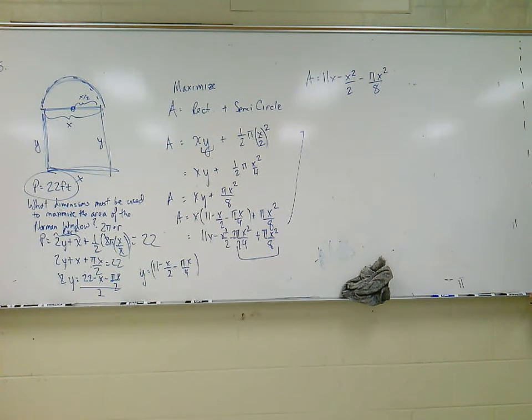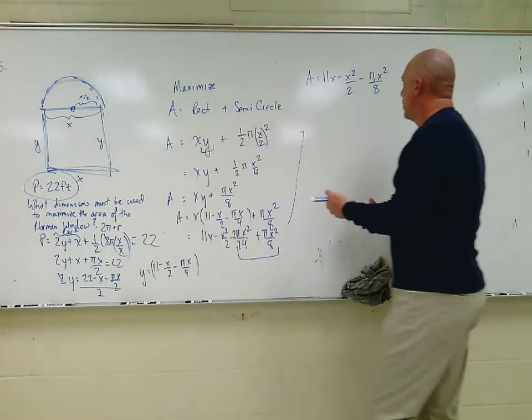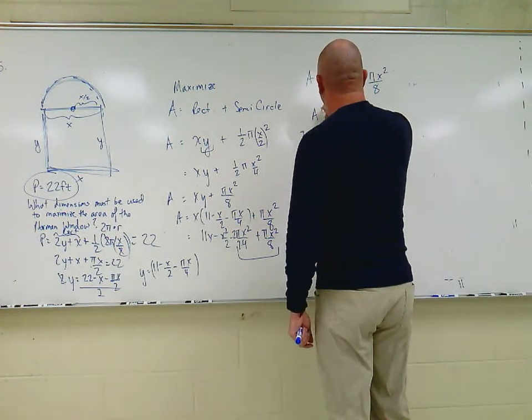Okay, and you could make it one fraction if you want. It's not going to matter because it's going to be a linear equation when we go to solve. Okay? Any questions on any of the work at this point? Now, I'm pretty good here. I'm going to go ahead and find my derivative.